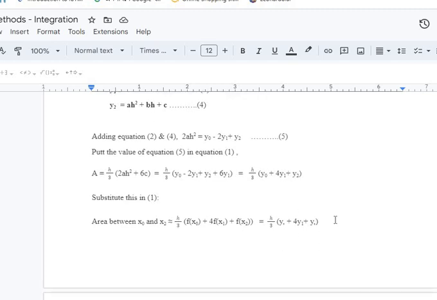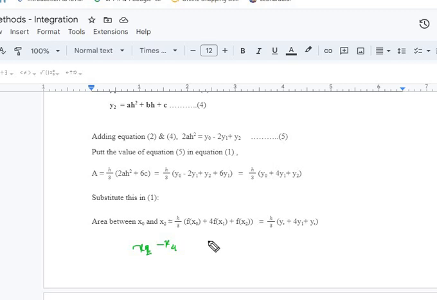Put this back. This is simply the area under the points x0 to x2. You can repeat it for x2 to x4.